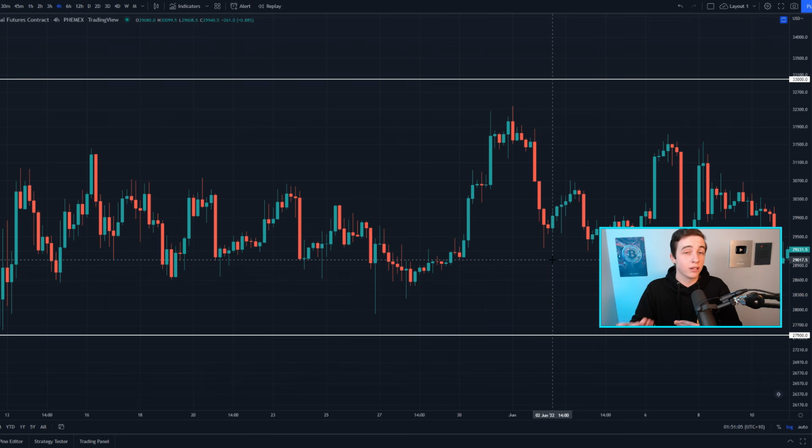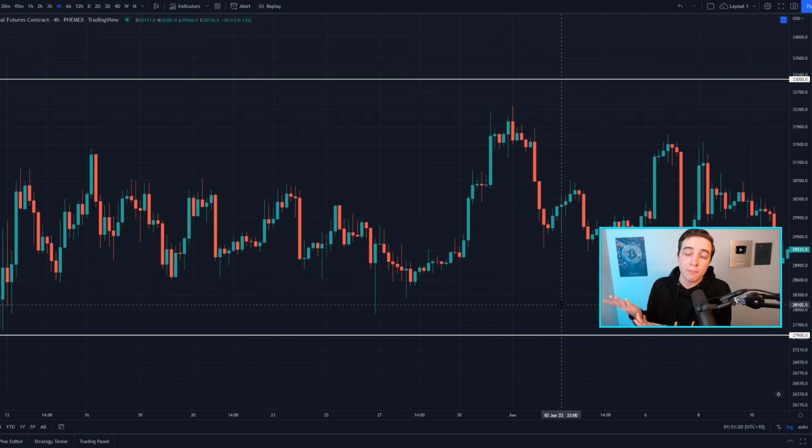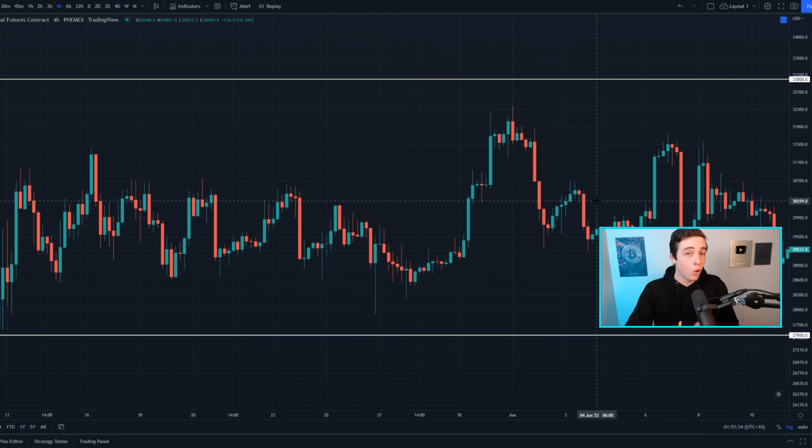But with that being said, like I said earlier, this is all happening on the spot market, which means there's no leverage involved and you cannot get liquidated even if we fall below or above this price range. So in those scenarios where we leave this price range, it essentially pauses the trading bot until we come back into this price range. But obviously you always have the option to close the trading bot at any time you want, whether you're in a loss or a profit. It doesn't matter. You can close the trading bot at any time.